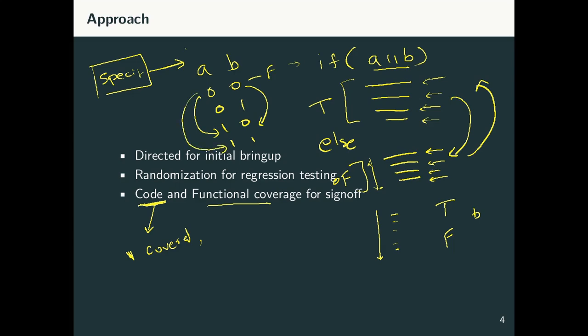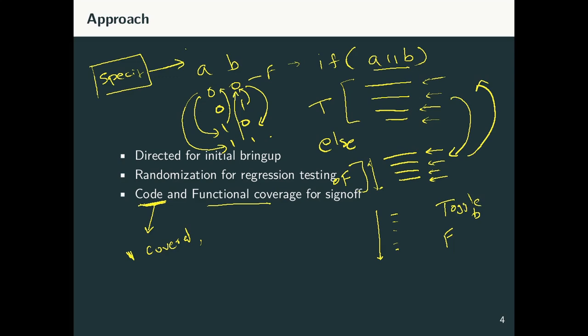Similarly, a transition from true to false because A changed, B changed, or both A and B changed. So this set of transitions, if we cover, then this is called toggle coverage.